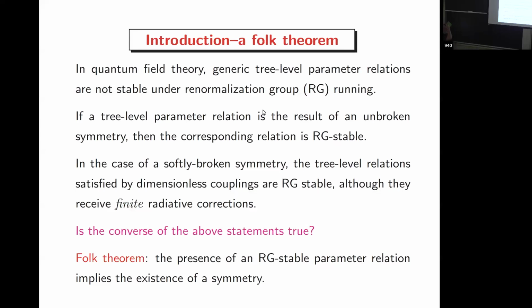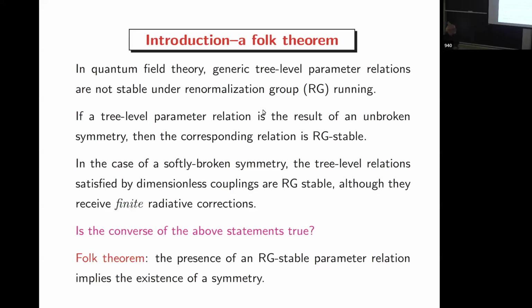However, if there's a symmetry reason underlying that particular parameter relation, then that parameter relation is stable to all orders in perturbation theory, and it continues to be stable if the symmetry is softly broken, if we're talking about, say, tree level relations satisfied by dimensionless couplings. Although you will get finite radiative corrections, at least they can be small.